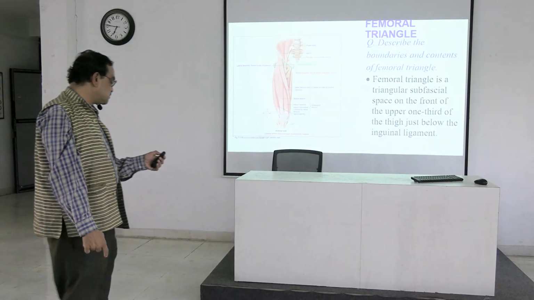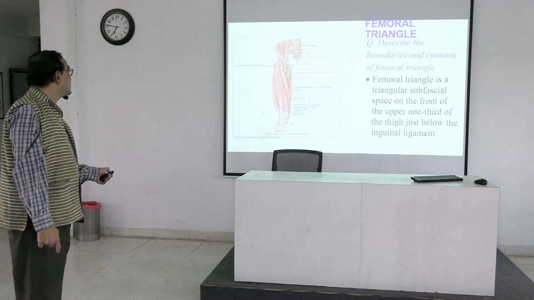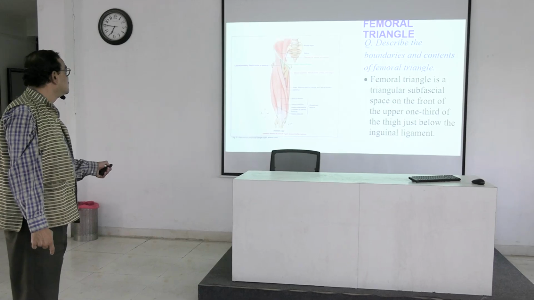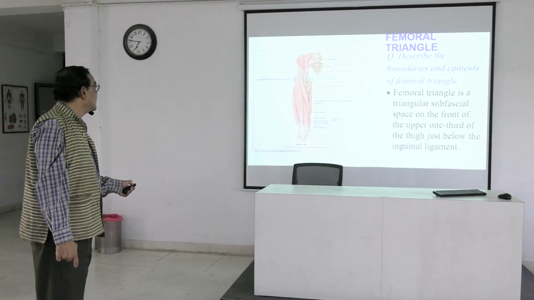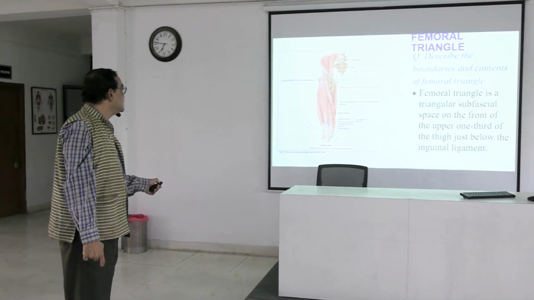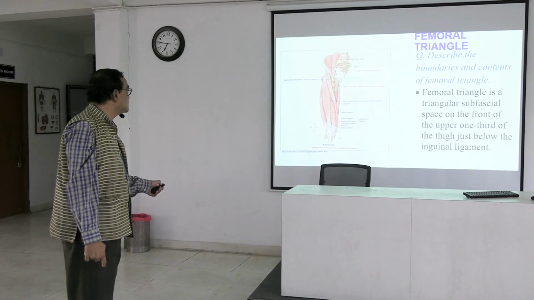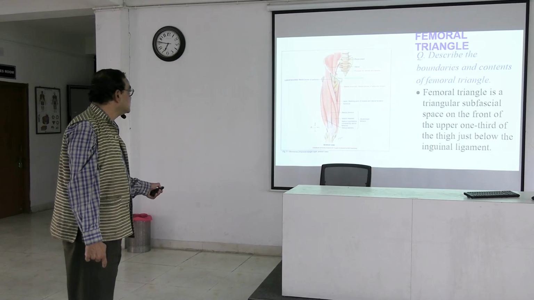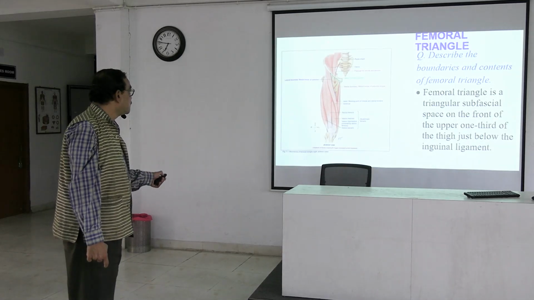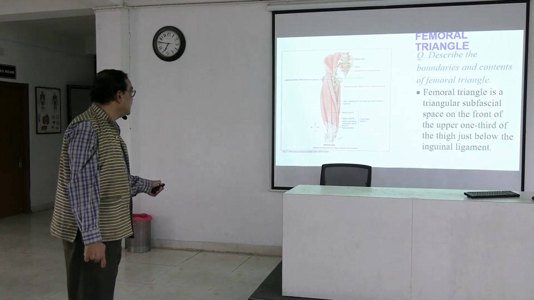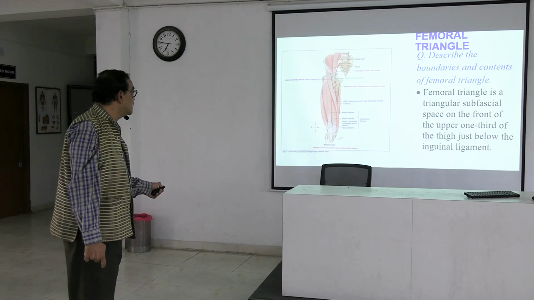The floor is formed by several muscles: we can see this is the iliacus muscle, this is the psoas major muscle, another muscle which is called pectineus, and this is the adductor longus. So from lateral to medial: iliacus, psoas major, then pectineus and adductor longus.